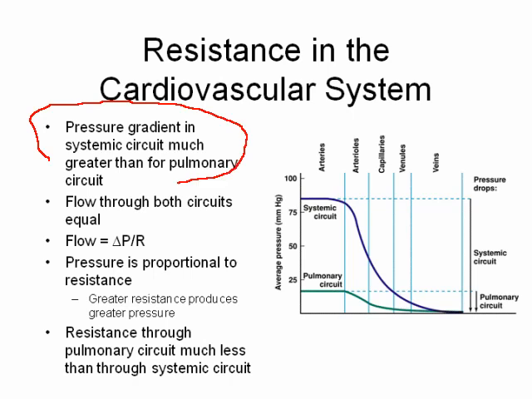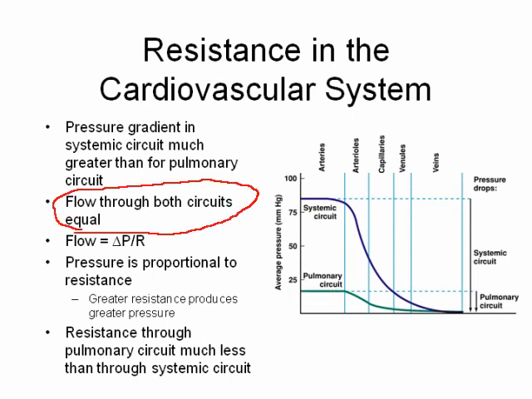So the pressure in the systemic circuit is much greater than that in the pulmonary circuit, and that's, of course, illustrated here. The flow through the circuits is equal.